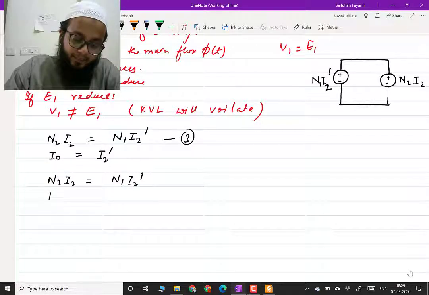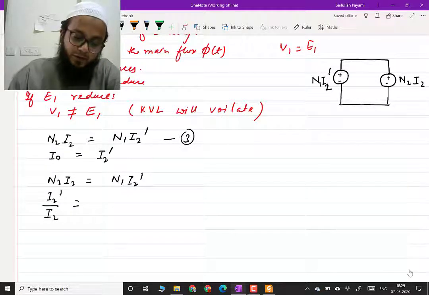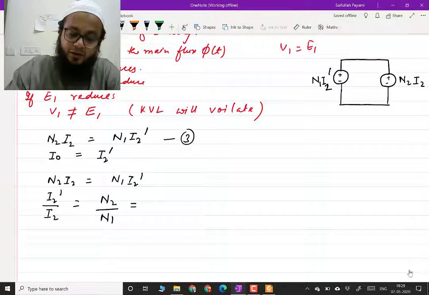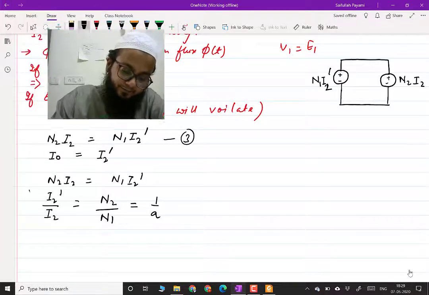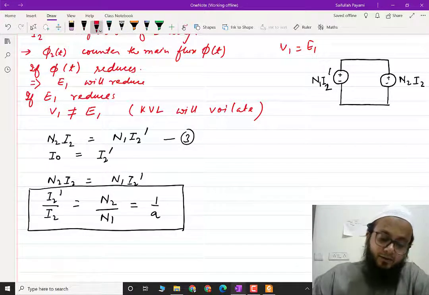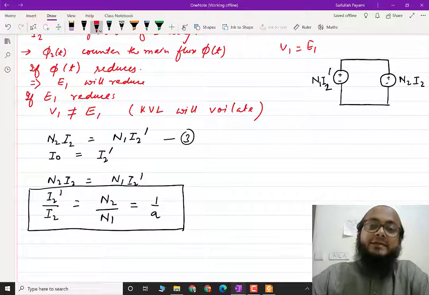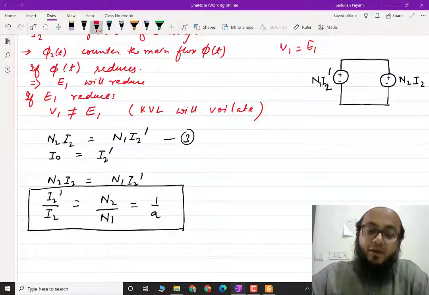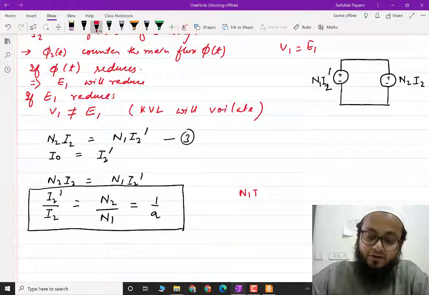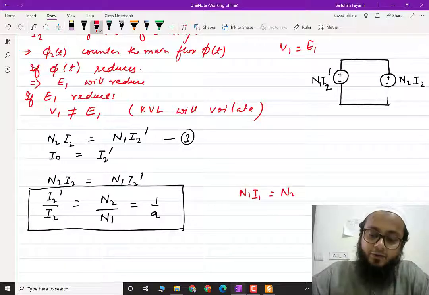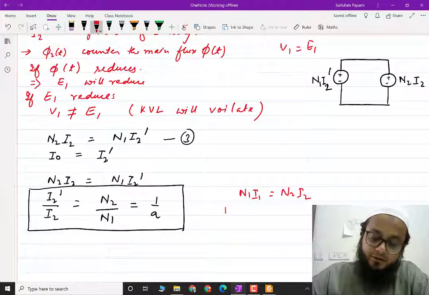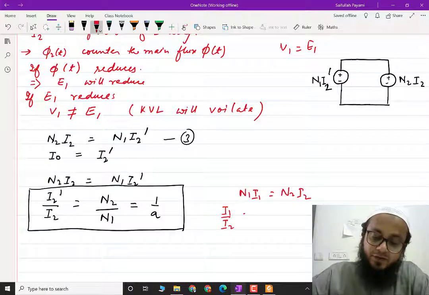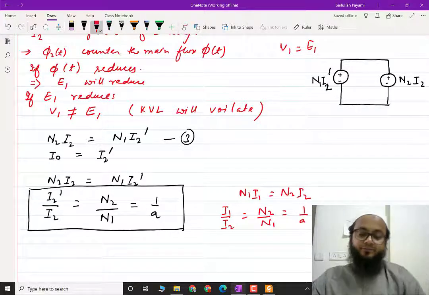So I2 dash upon I2 is equal to N2 by N1, and this is equal to 1 by A. So this I2 dash, let's say this is I1, so N1 I1 is equal to N2 I2. So I1 by I2 is equal to N2 by N1, which is equal to 1 by A here.